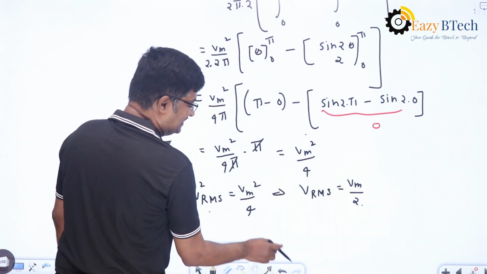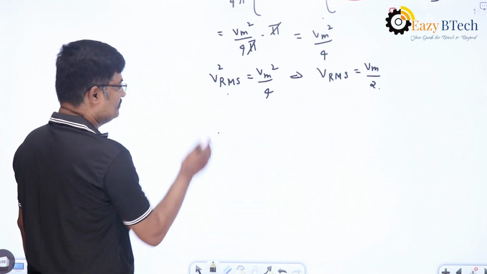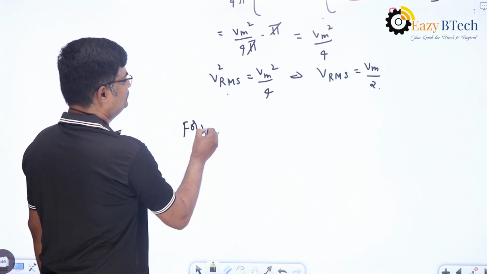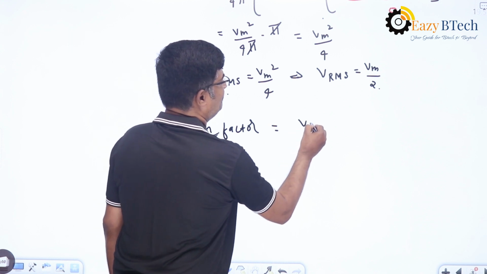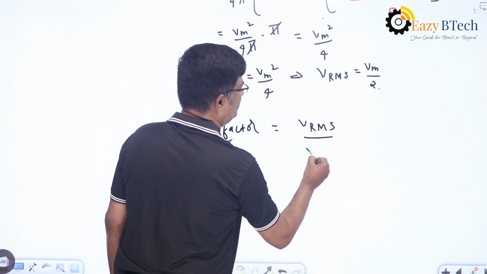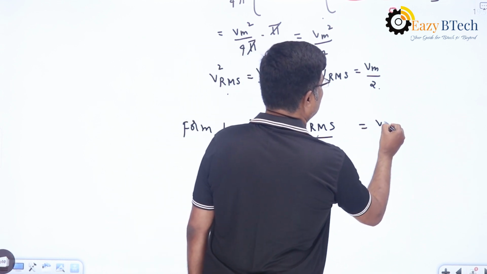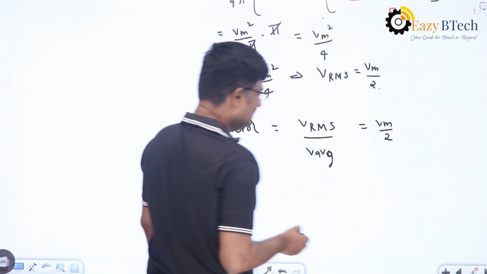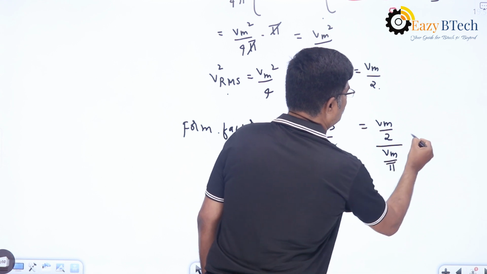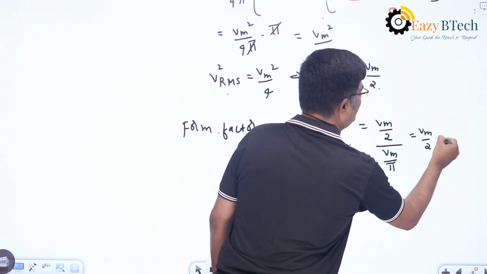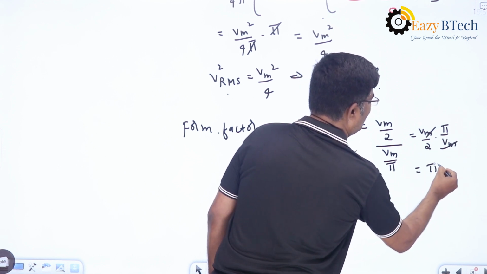Now here, he is asking to find the value of form factor. So form factor is V rms by V average. Here my RMS value is Vm by 2 and my average value is Vm by pi. So here Vm by 2 into pi by Vm, which is equal to pi by 2.